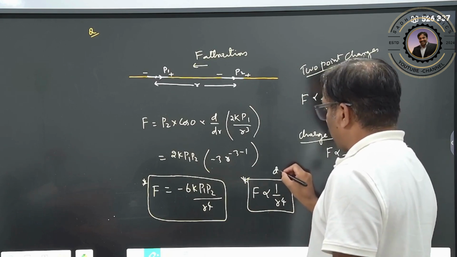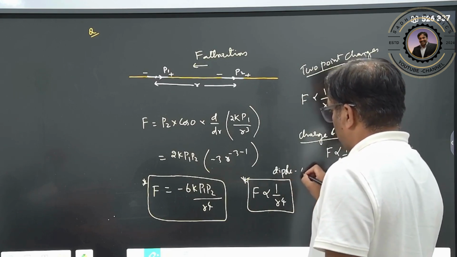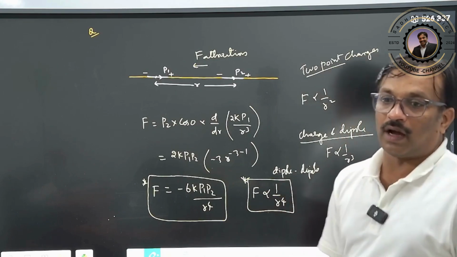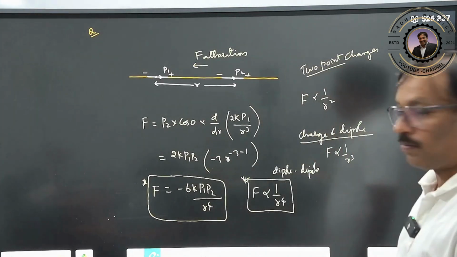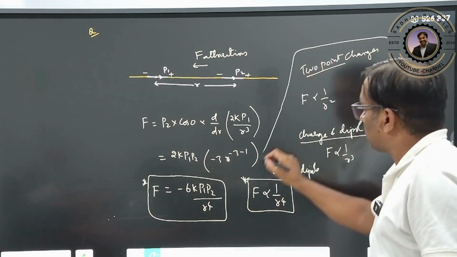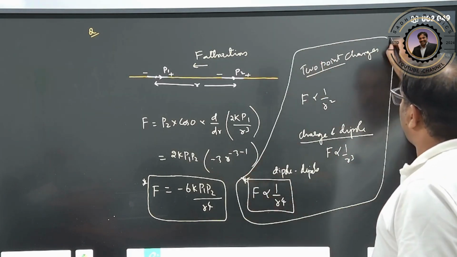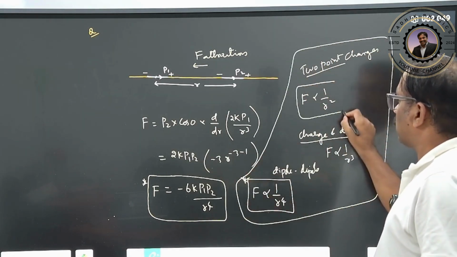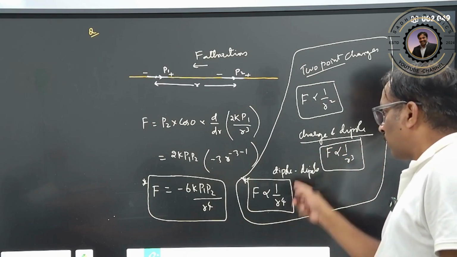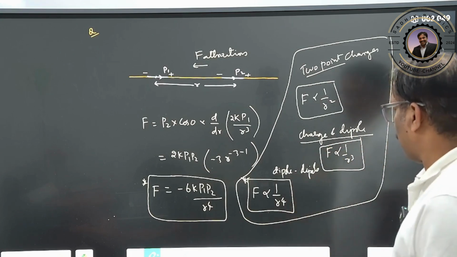And dipole and dipole force is inversely proportional to r to the power of 4, very, very important concept. So be careful on this point, right. Force between two point charges is inversely proportional to the square of the distance. Force between a dipole and a charge is nothing but r cube. Force between a dipole and a dipole is nothing but r to the power of 4.